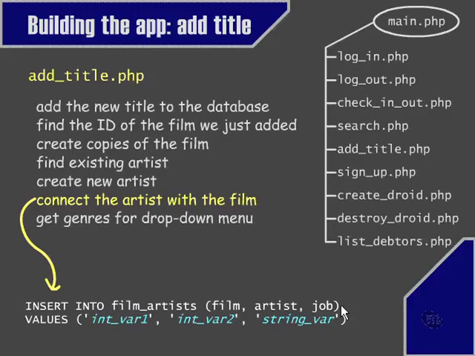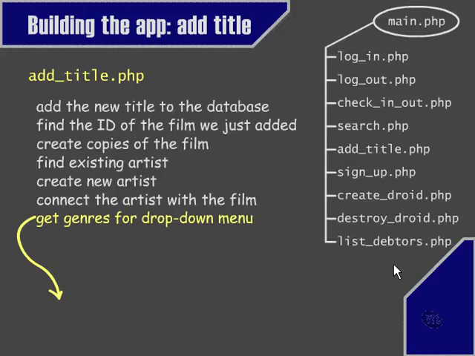And we also include the job. If you remember, the job column is an enumerated column with a certain small selection of values. I believe it's actor, director or writer. So using this query we connect the artist that we've included within our HTML form with the film that we've just added to the database.